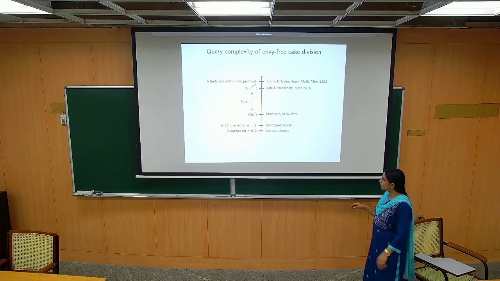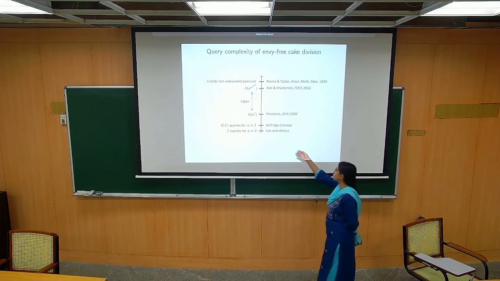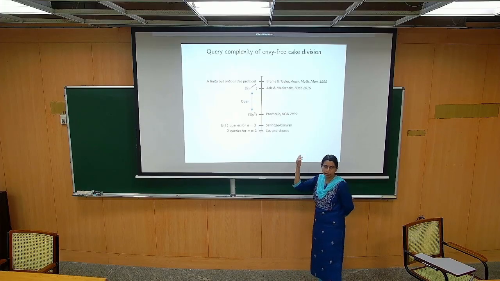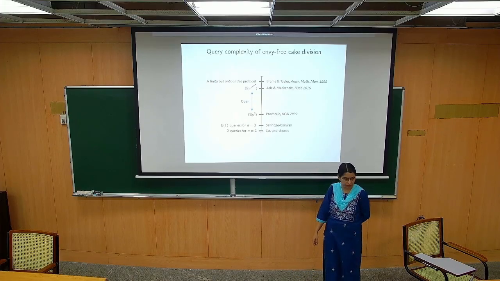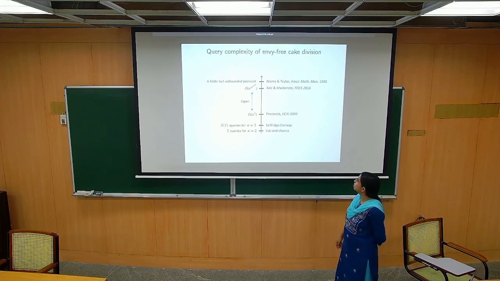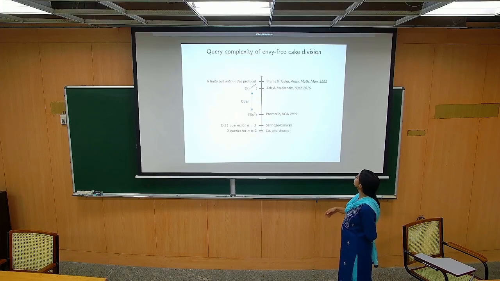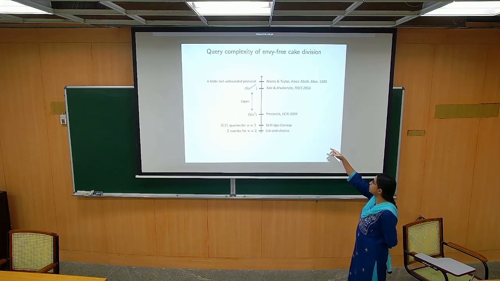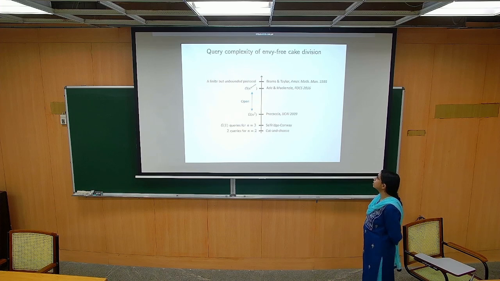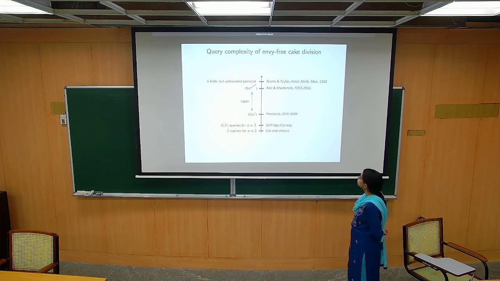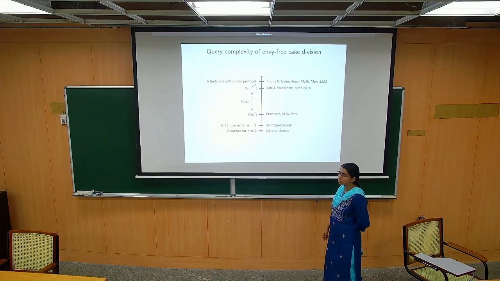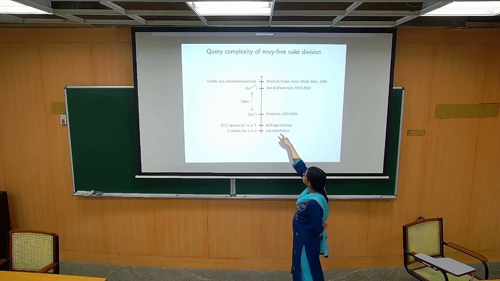So for 3 agents, this Selfridge-Conway protocol is there, but that doesn't give connected cake division, it will give a disconnected one. And a finite but unbounded protocol was shown in 1995 by Brams and Taylor. It was improved to this query complexity, n to the whatever.